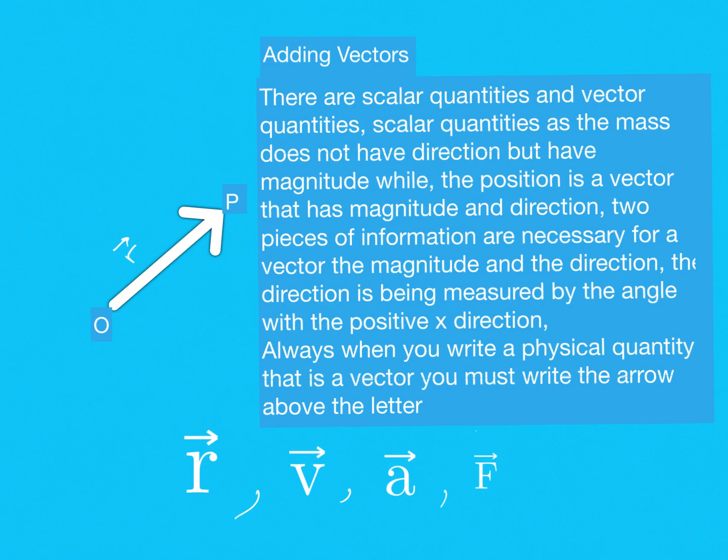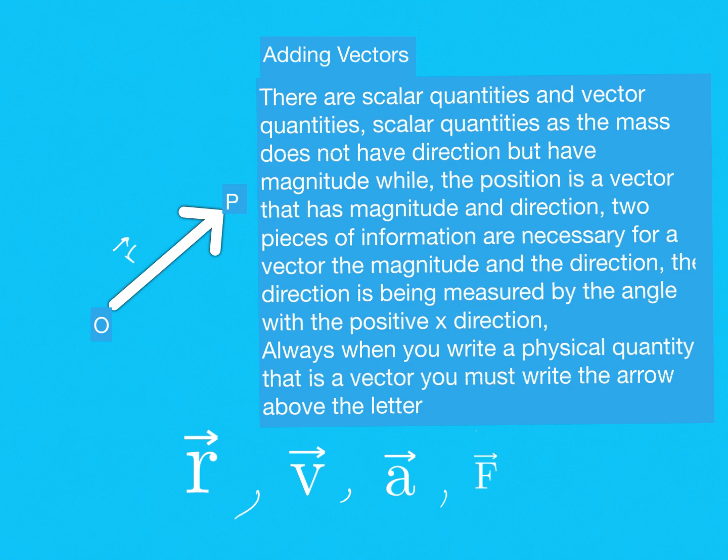Now, once we understand that there are two types of physical quantities, one doesn't need any direction, like the mass, the temperature, and they are named scalar quantities.